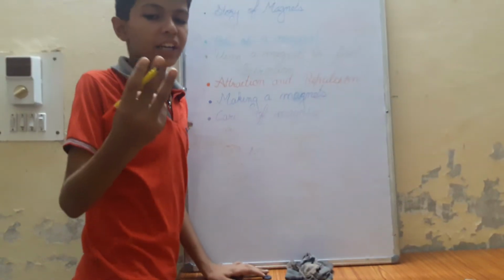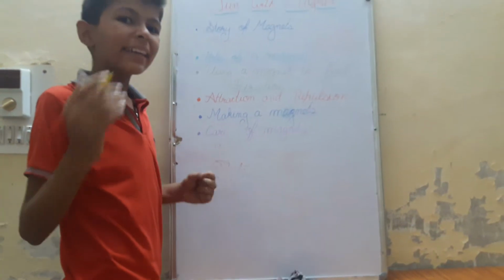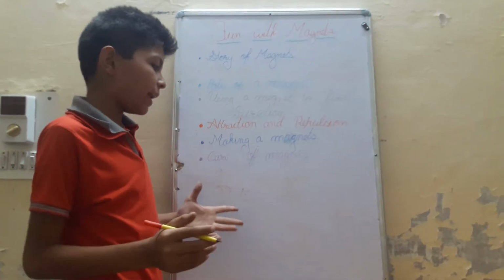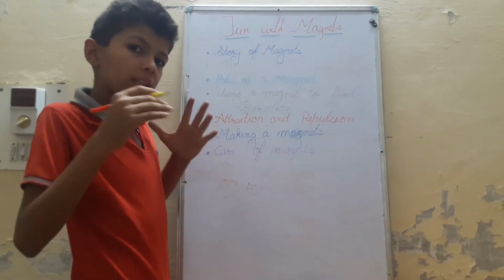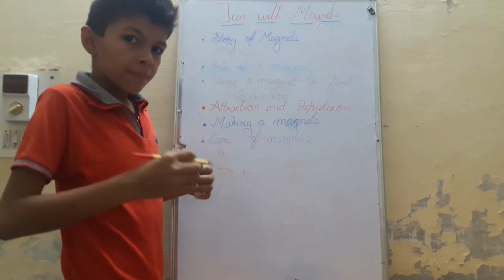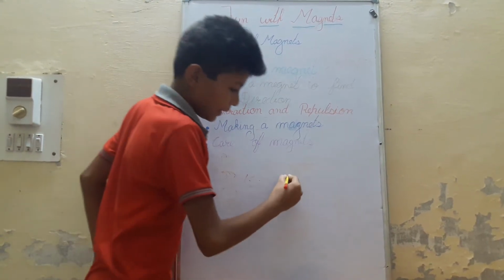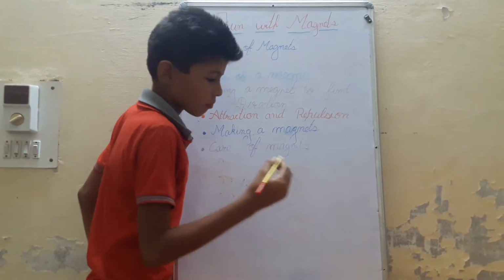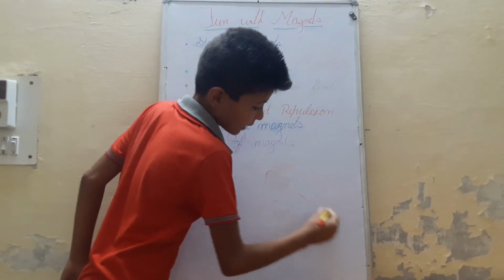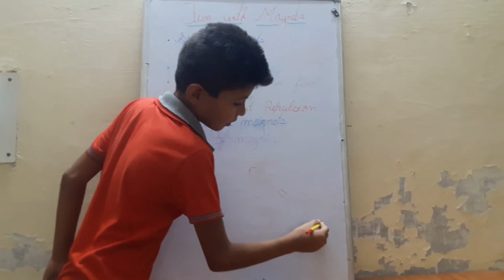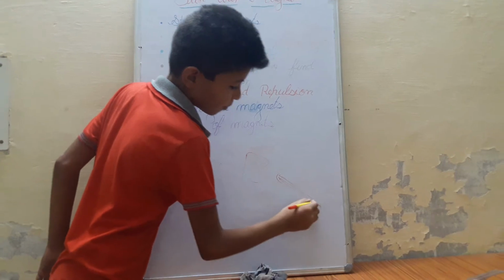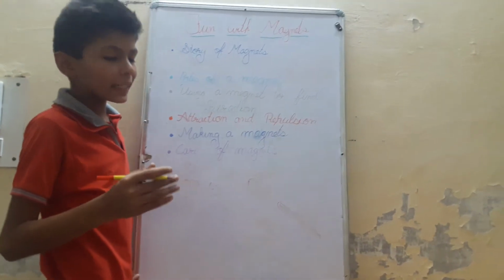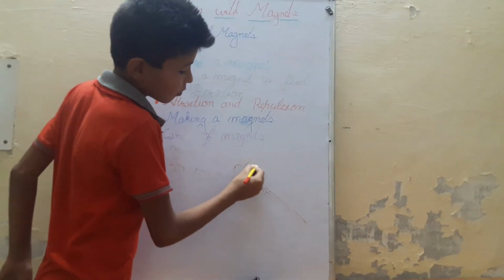Now the third is the electromagnet. It is not permanent, but works for the time when we want it. We will need a battery, a material which is attracted by a magnet, and a copper wire.